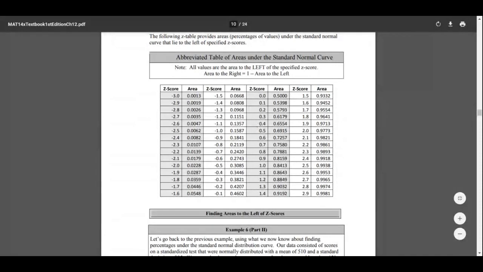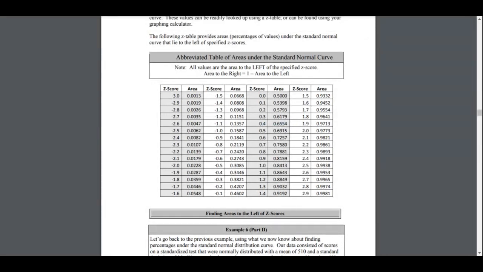But if we rounded to 0.4, we would get 0.6554. So that would be the area under the graph to the left of this z-score.